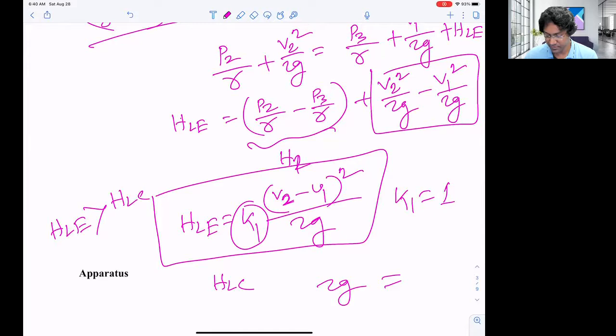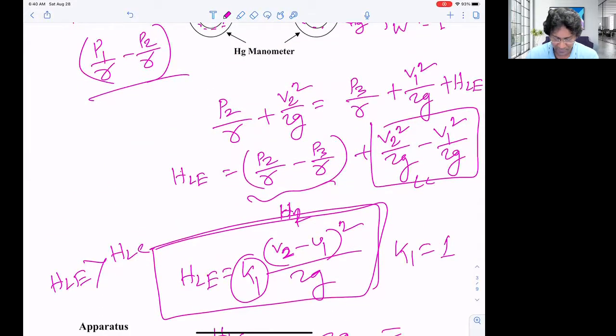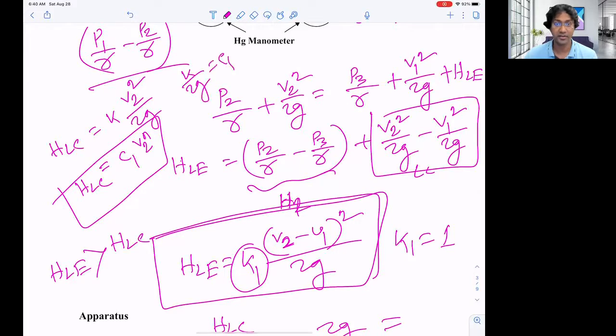So from our experiment we'll measure the pressure differential and calculate the head loss that way, and we'll also try to develop an equation like this one and also the previous one. So the head loss due to sudden contraction, we saw that was K and V2 squared divided by twice G. So we are going to call it C1 and V2 to the power n, HLC as before, with K divided by twice G considered as C1 because these are constants.